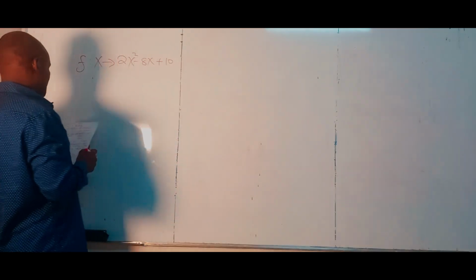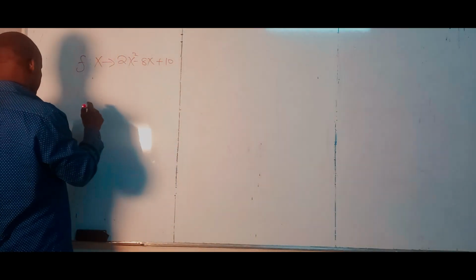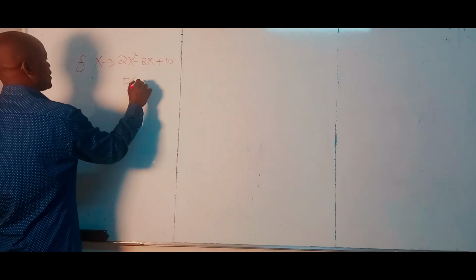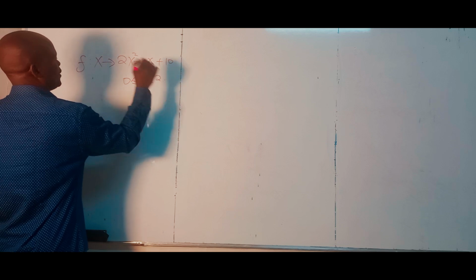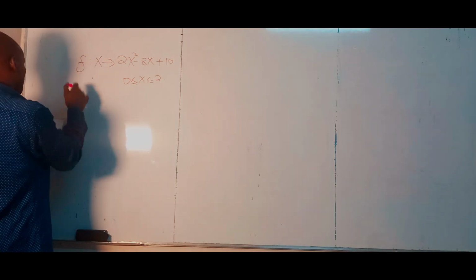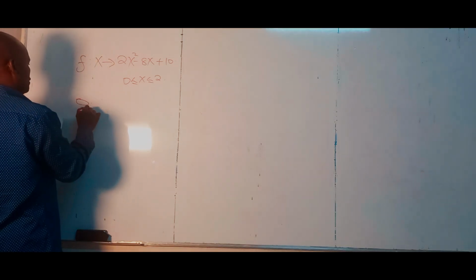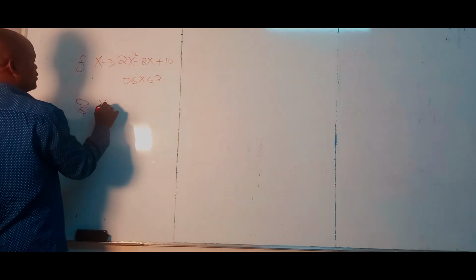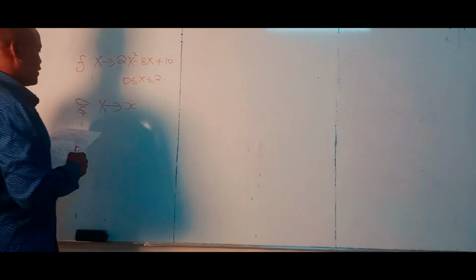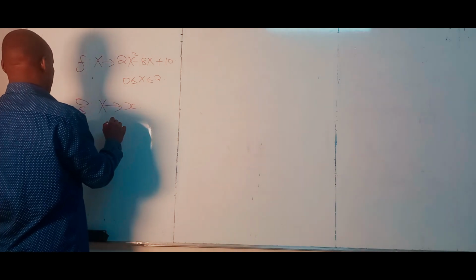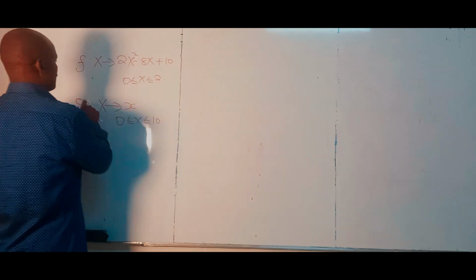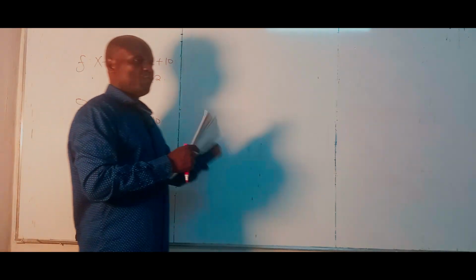And the range that we are given is for x lying between 0 and 2 for that function f. Then there is a function g, which we are also given, and g is just x. Okay, and x lies between 0 and 10 for the second function. So those are 2 functions.